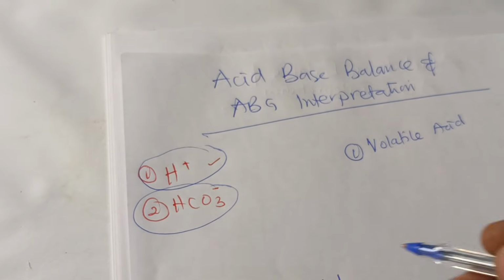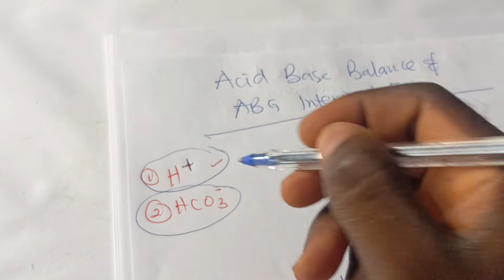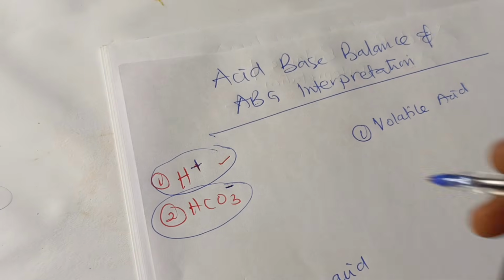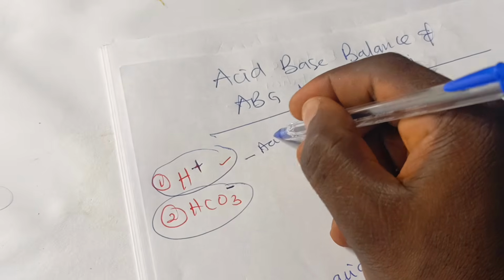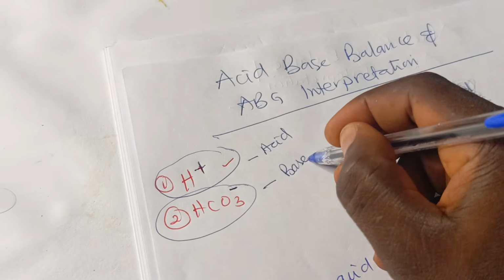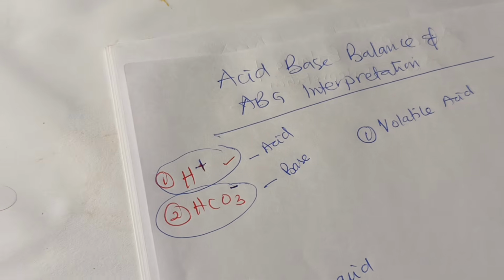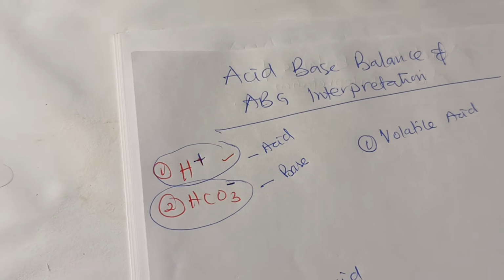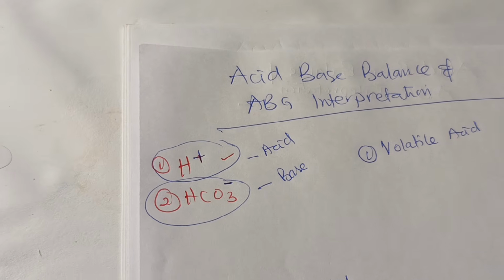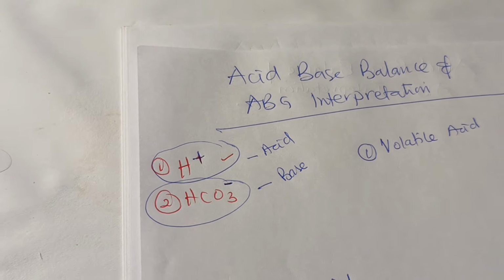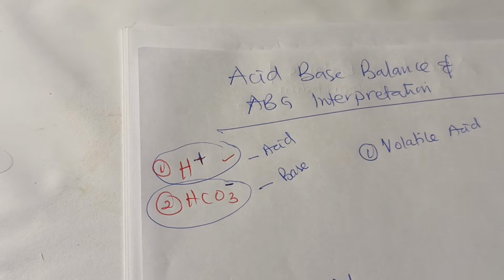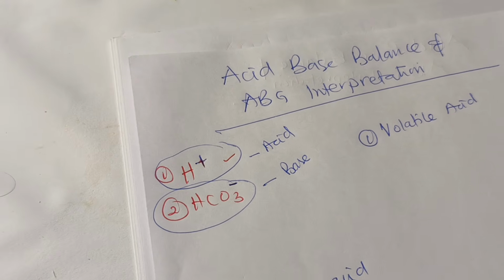The H plus is acid, it represents the acid, and the bicarbonate represents the base. So the body is always maintaining balance to keep them in the proportion they are supposed to be in. And that is very important for the functioning of the cells of the body.